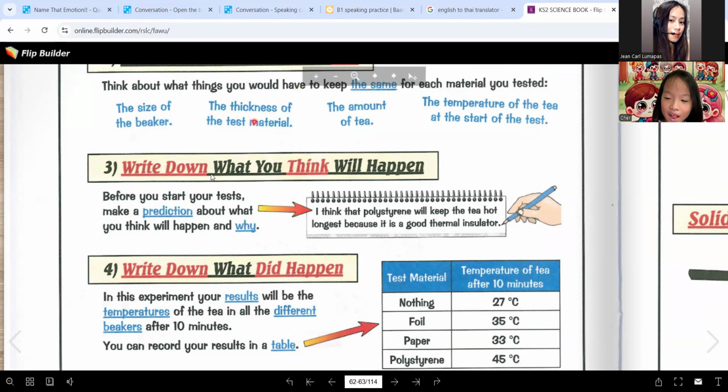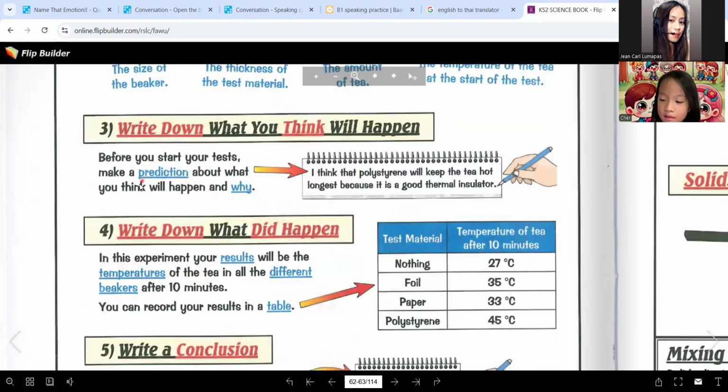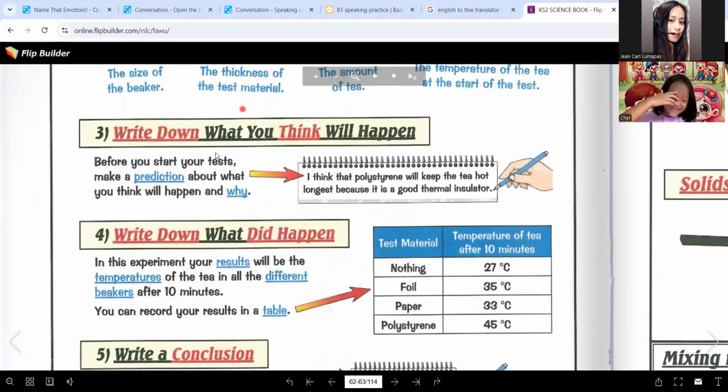Number three, Sherbel. We need to write down what do you think will happen.